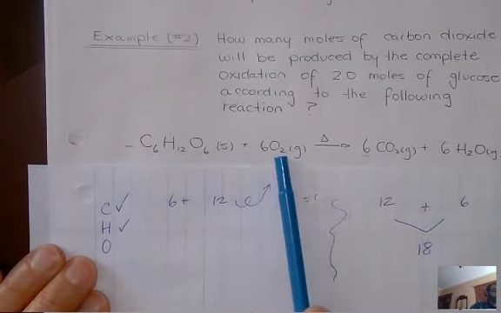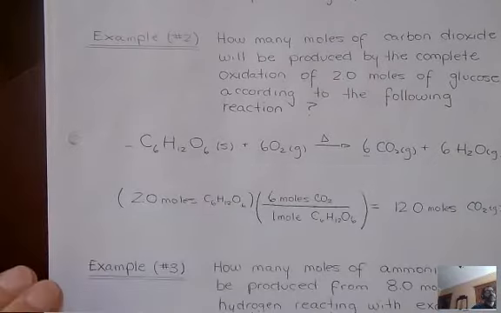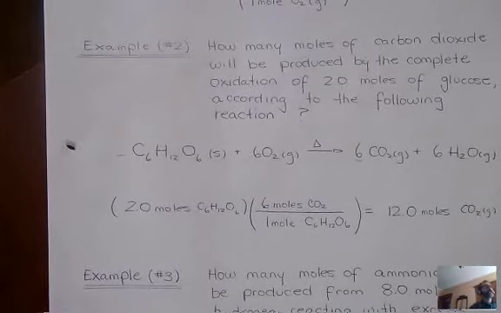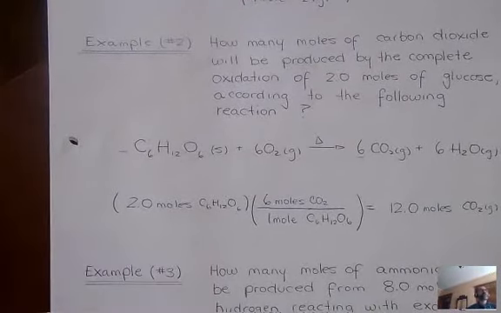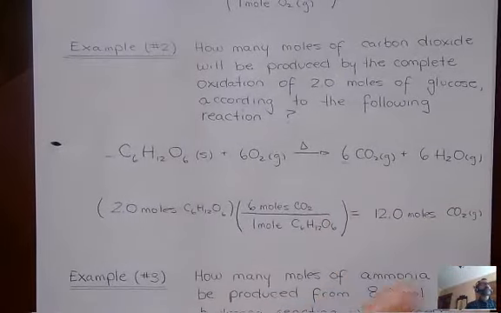So 6 times 2 is 12. 6 plus 12 is 18. 18 on the left, 18 on the right. So that's balanced. Okay, so let's go to the stoichiometry question. The stoichiometry question is going to give you a hypothetical situation where a scientist or a student puts some materials together and you need to predict how much product you can make or how much reactant you would need.